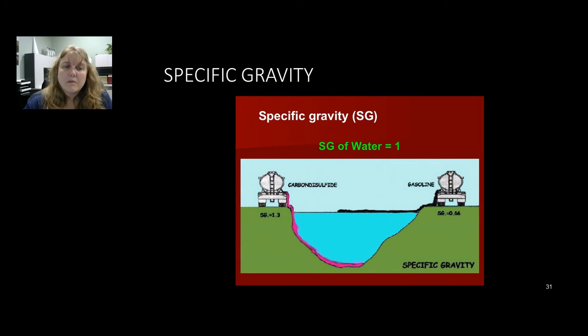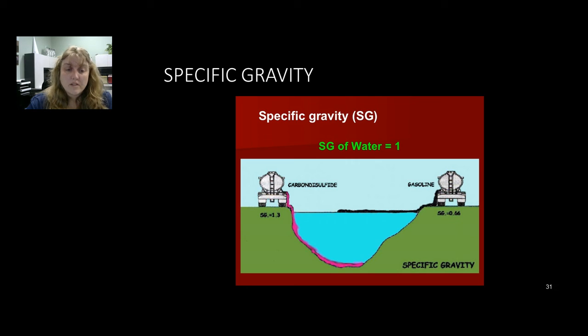And then specific gravity is what applies to liquids, and that's where we talk about the specific gravity of water being 1. If you have something like they have on here, I think it's carbon disulfide if I'm reading the picture correctly, this has a specific gravity of 1.3, so it is heavier than water.